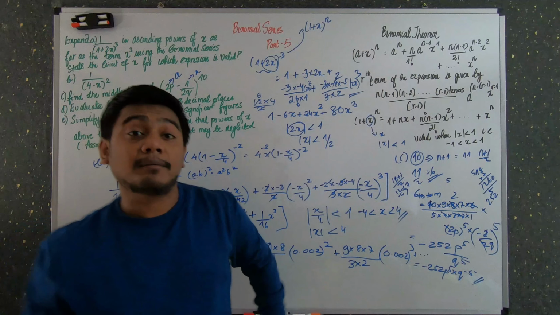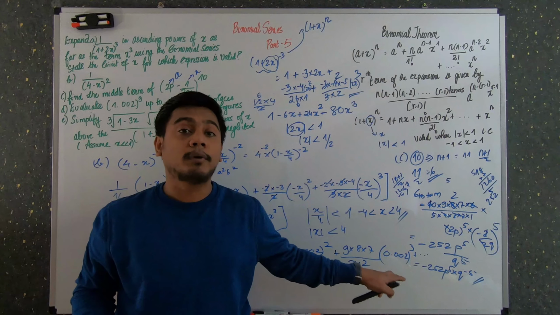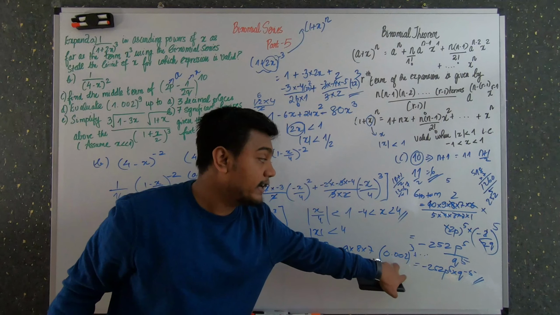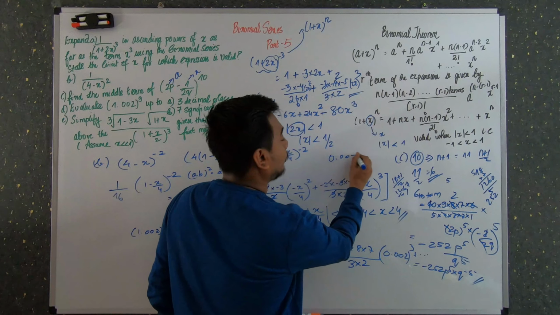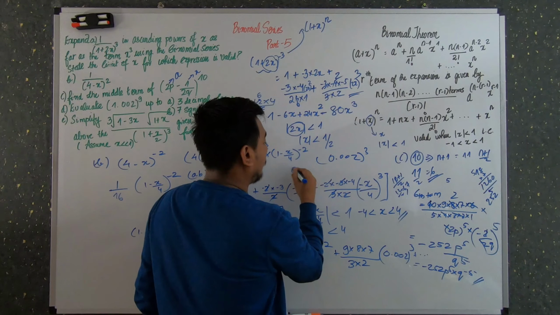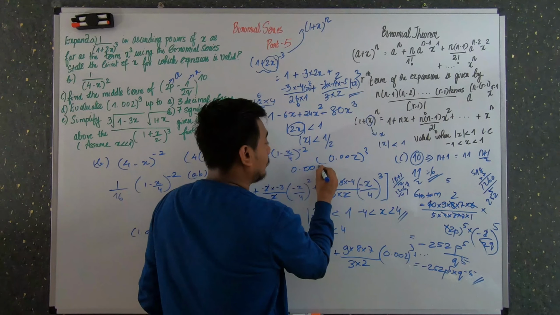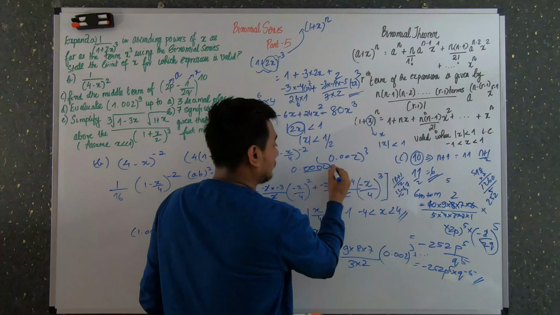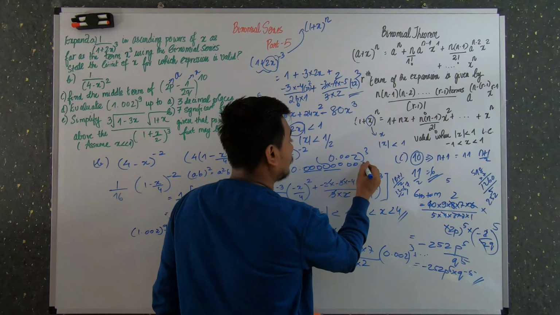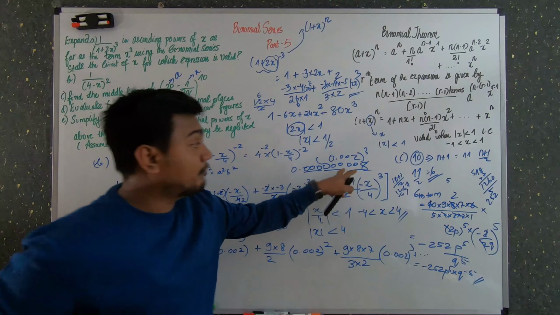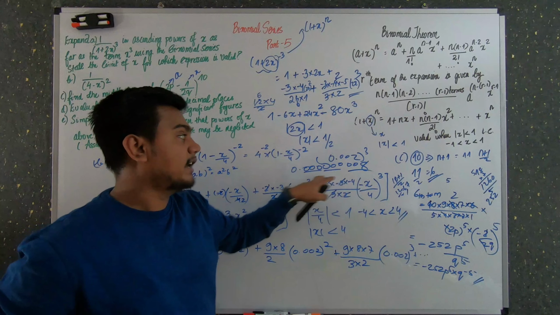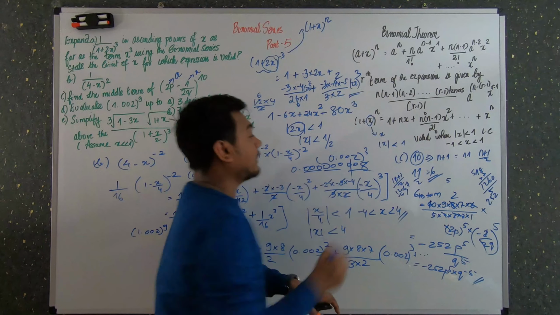Why am I not taking terms after 0.002 the whole cube? Because when it is already at 0.002 cube, you can see that the value is 0.000000008. We need to find only until 7 significant figures, that is only until here.